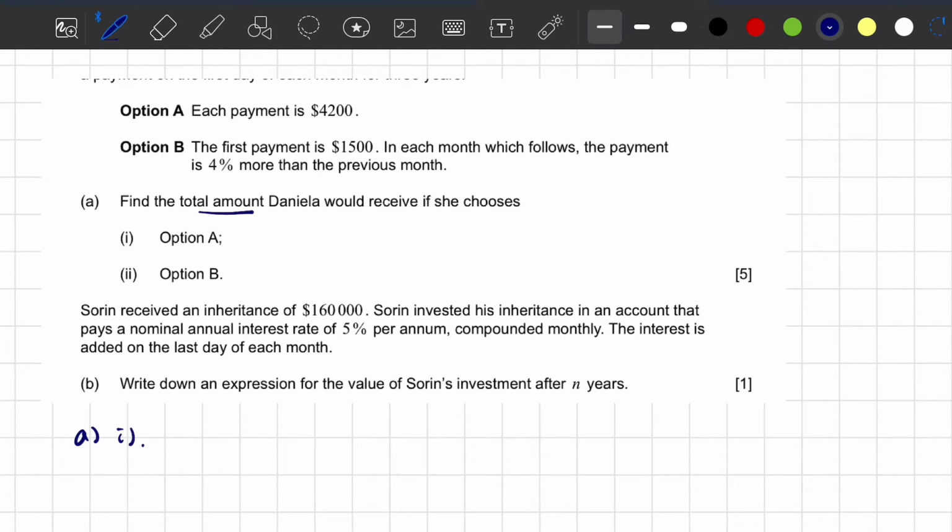So for question A(i), we need to find the total amount Daniela would receive if she chooses option A, right? So option A is that each payment is $4,200, and the payment is happening every month.